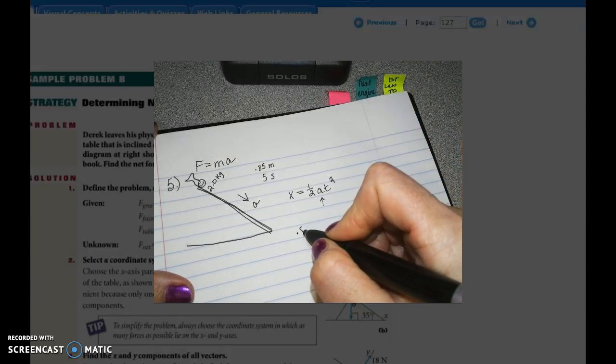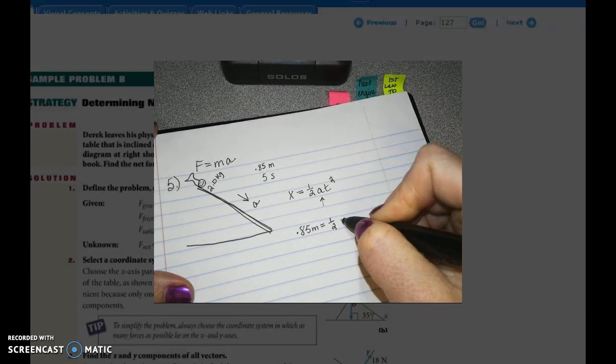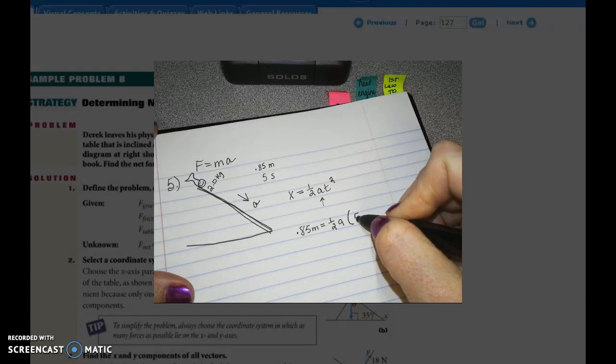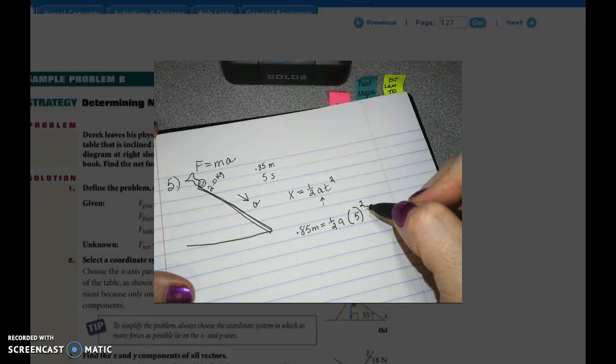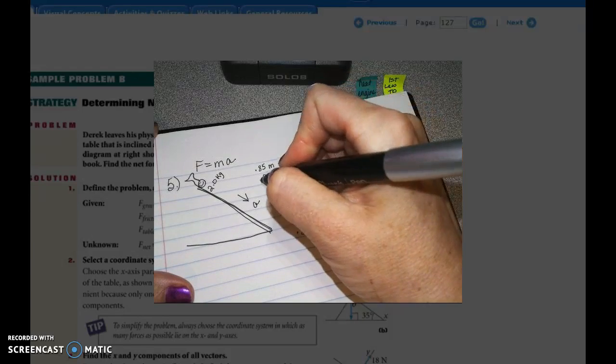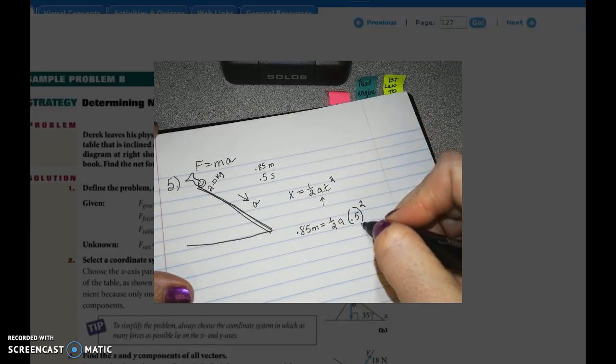So 0.85 meters equals 1/2 a, and then t squared. I'm sorry, 0.5 seconds. Okay, so I square my 0.5 seconds. That gives me 0.25.